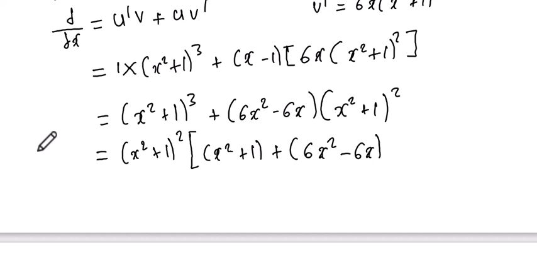So this will just be 1, so we will not include it. Hence, we're going to have open bracket x squared plus 1, okay, open brackets, okay.